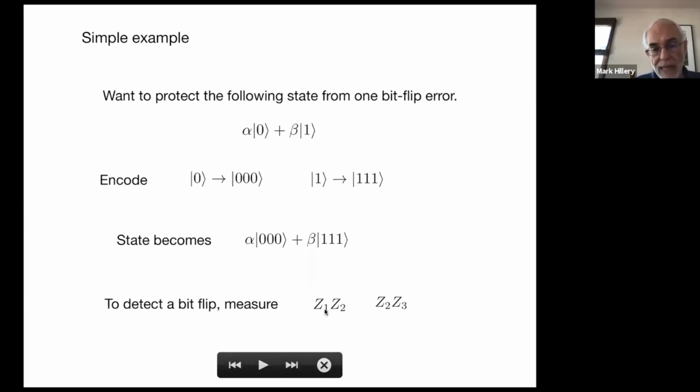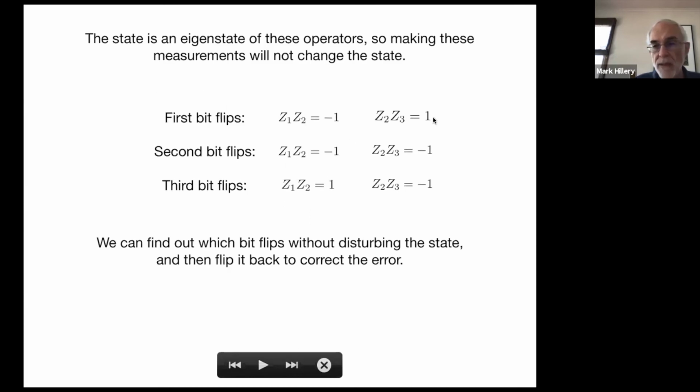Then this state will be an eigenstate of Z1 Z2 with an eigenvalue of -1, but an eigenstate of Z2 Z3 with an eigenvalue of +1. Now, if the second qubit flips, it's going to be an eigenstate of both of those operators with eigenvalue -1.